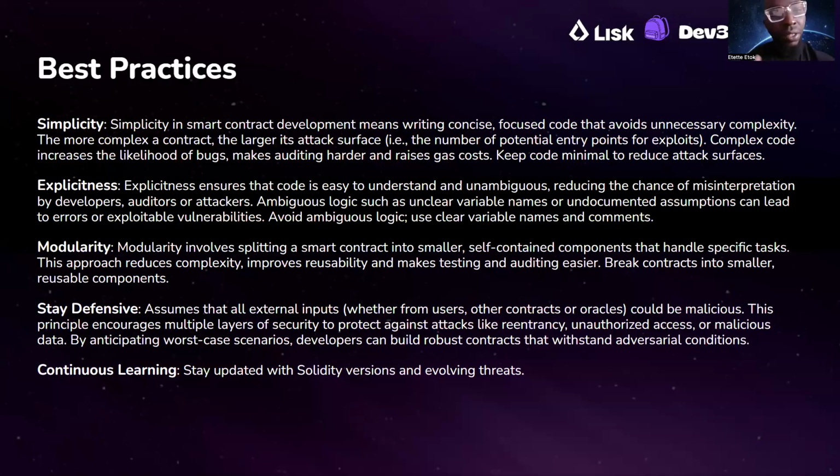And earlier I talked about staying defensive. Yes, this is also one of the best practices I outlined here because I practice this. Especially when I have a function in my smart contract that is external and public, I always try to assume the worst, because there are so many good developers out there, but not everybody is good, and there are a lot of bots also, right?